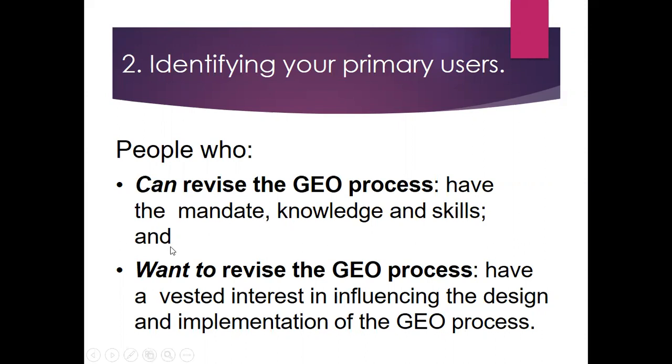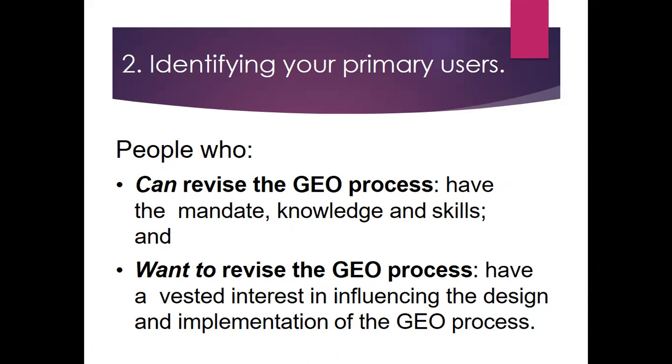All right. Another group would be those who want to revise the process. Who would these people be? These are people who have an invested interest in influencing the design and implementation. So these may be other stakeholders.